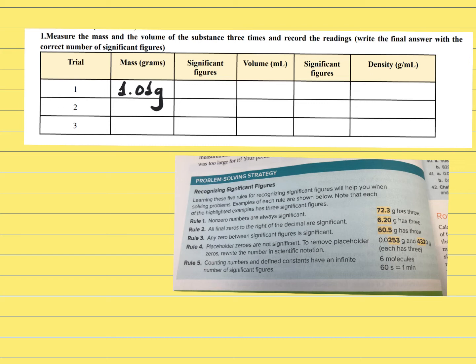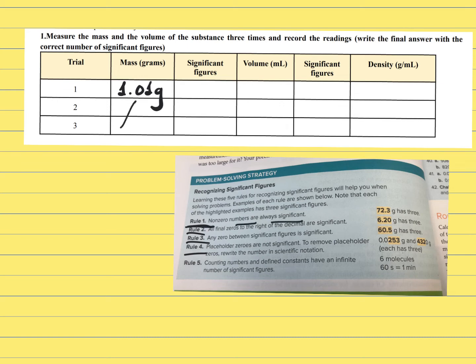Significant figures: when you were completing the vocabulary activity, you learned that significant figures are any measurements in which you list all the known digits plus an approximated one. But when you're working with significant figures, you have to follow the rules that you have in your book. Rule number 1 says that non-zero numbers are always significant.